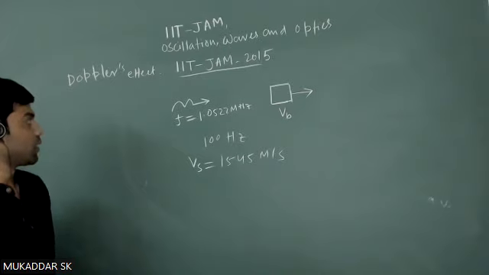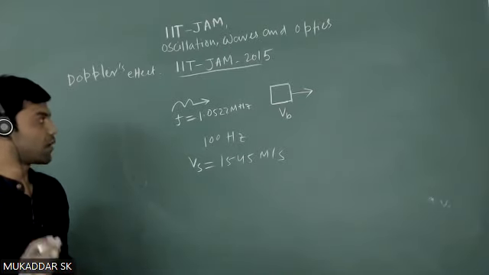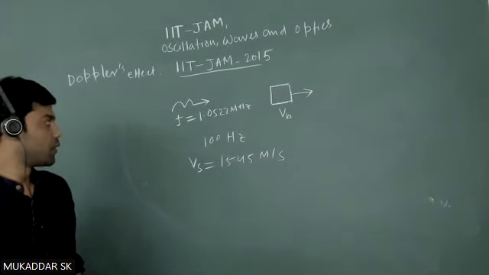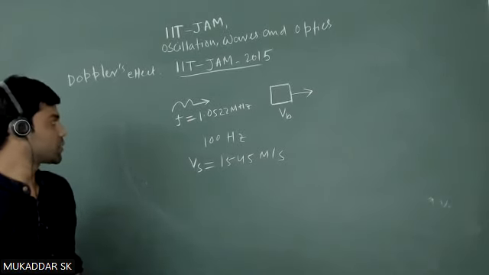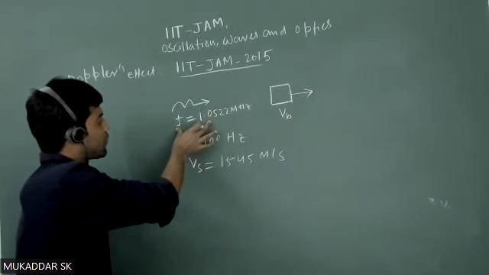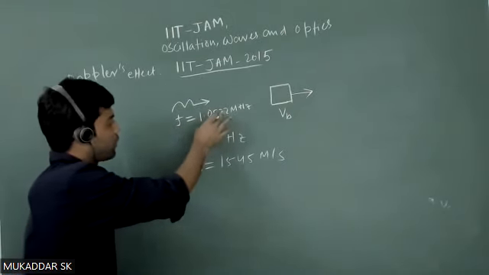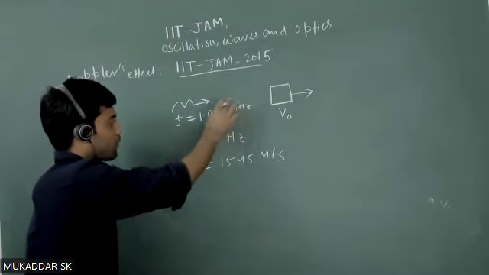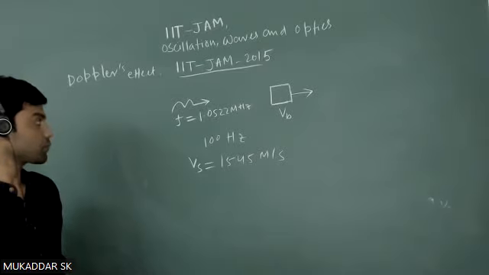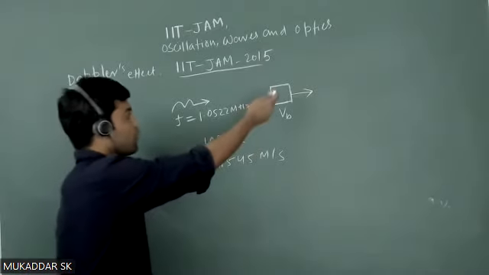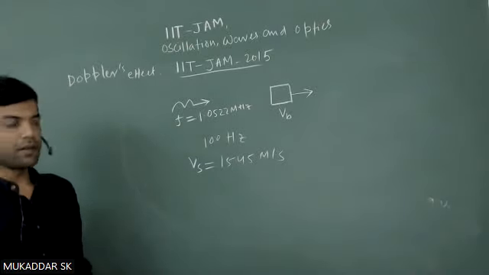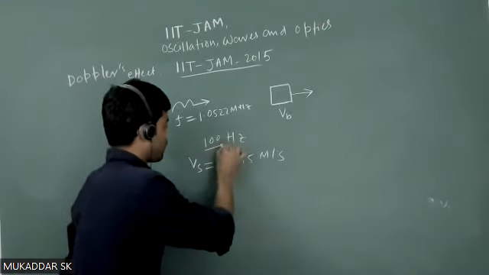So again I am repeating. They have provided that the speed of a blood cell in the vessel can be measured with the help of the Doppler effect. There is a sound source having frequency 1.0522 megahertz, moving in the same direction as the blood cell, and when this sound is reflected from the blood cell, it produces beats of 100 hertz.